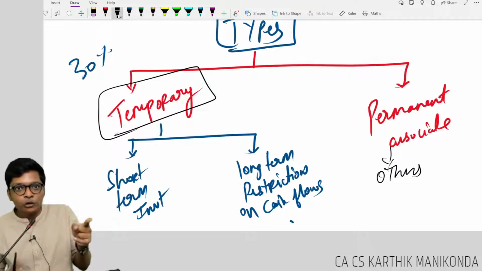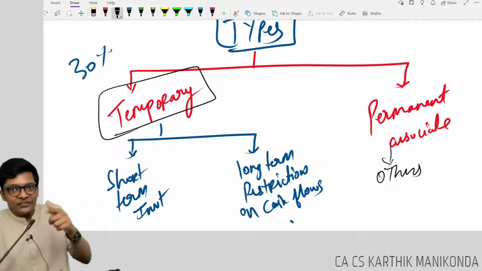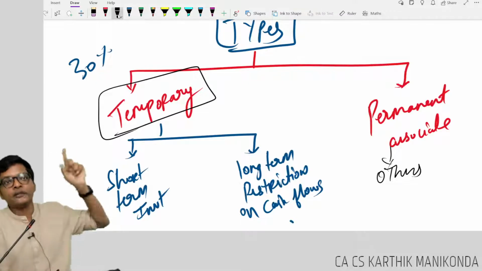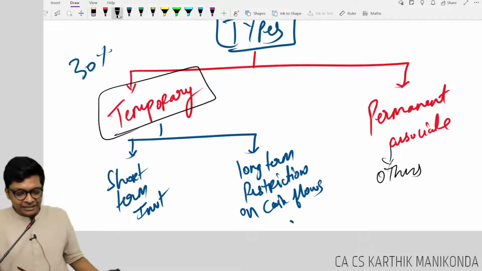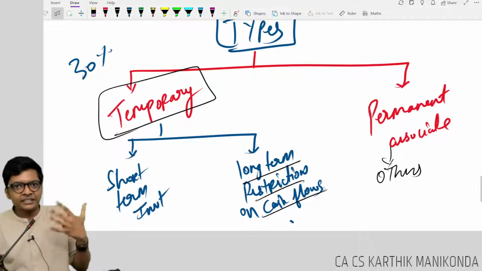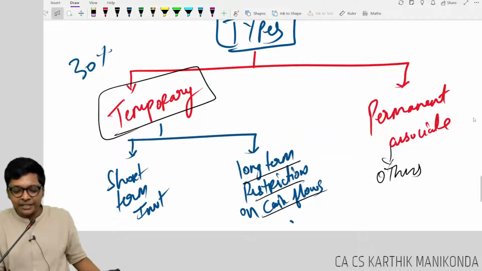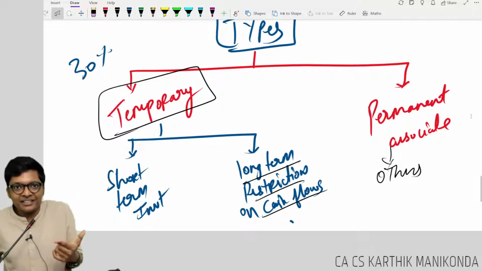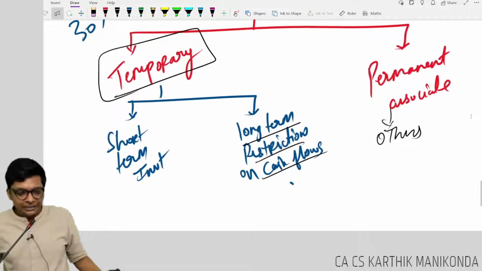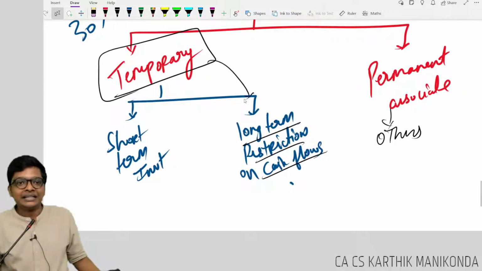But I don't want him to take the money out, because if he starts taking the money out, again dollars will go out. So in some countries they have long-term restrictions. Next 5 years, next 10 years you can't take the money. That means even though I have invested, I can't get the profits back. That will also be classified as temporary.